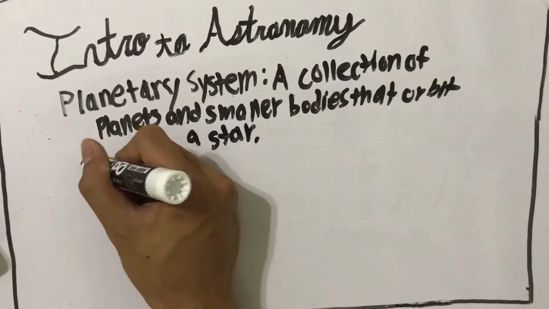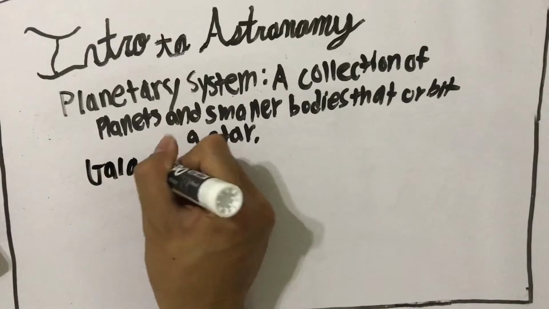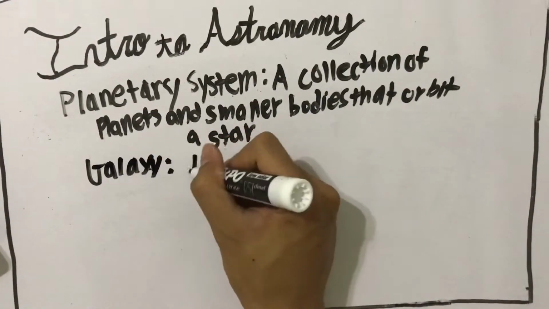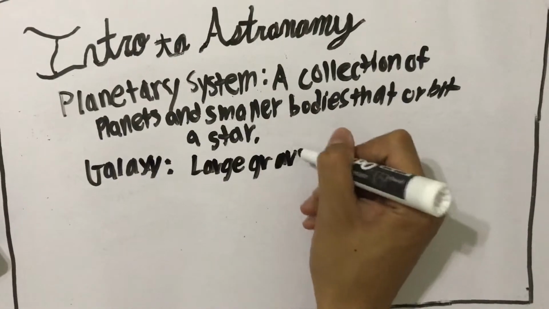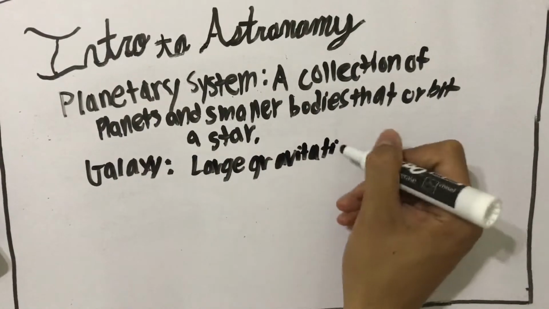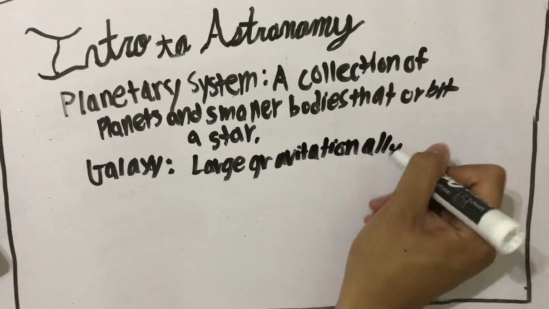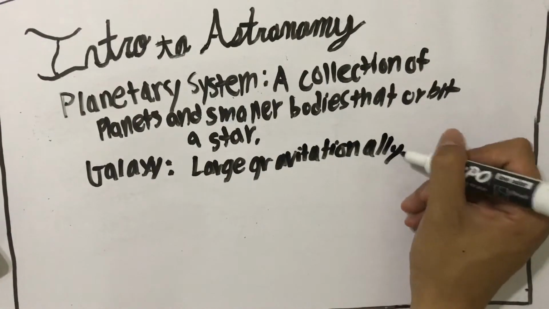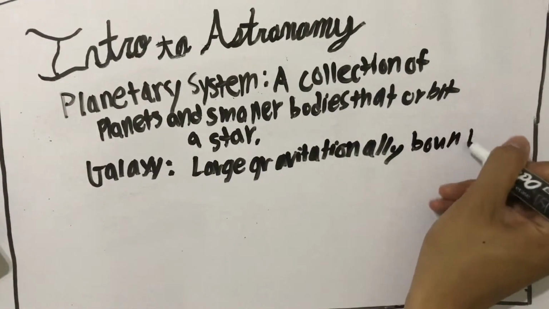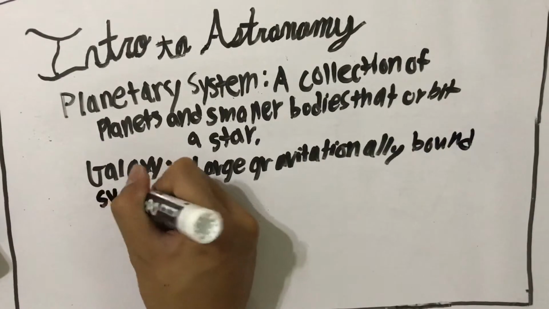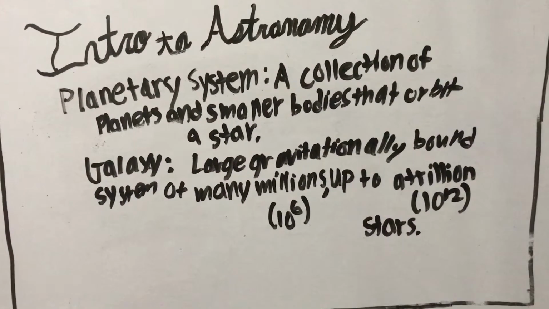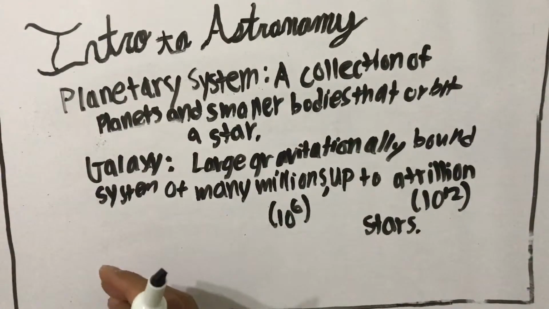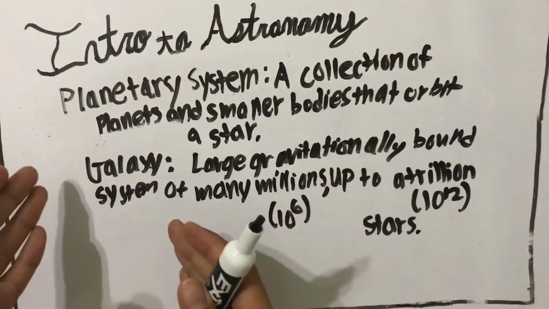And the galaxy would be our next definition. So this is just a large gravitationally bound system. So we have these 2 definitions right here, the planetary system and the galaxy.